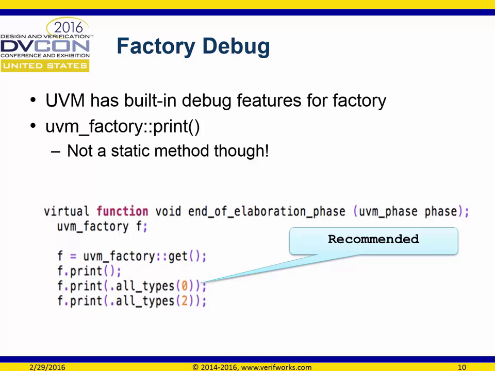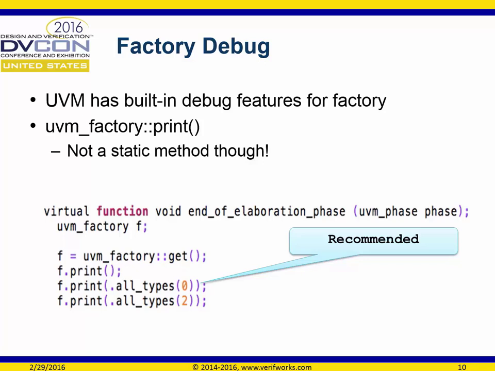The factory has a print method, and this print method has a number of options. We'll go over the options in a minute, but what you will notice is that although this is not a static method, you can put this in at the end of the elaboration phase, or pretty much anywhere you want to call it. It actually works.